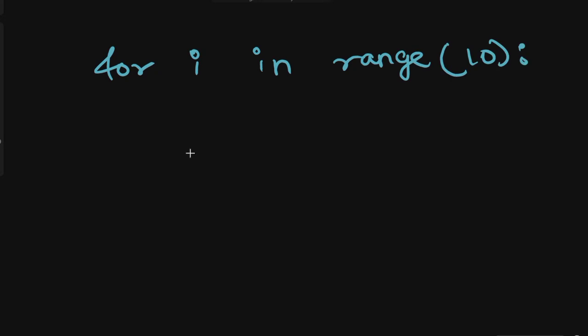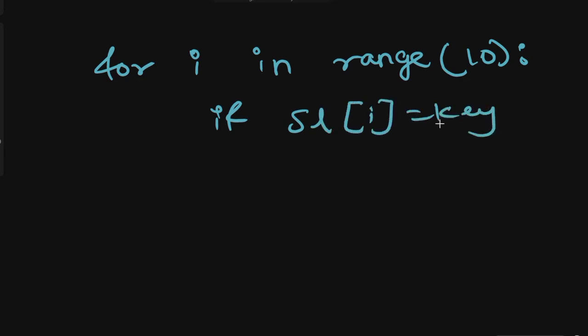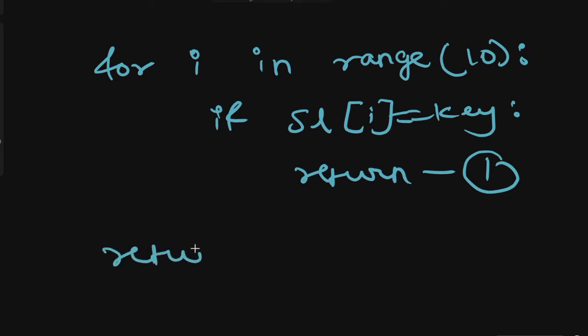For now we take n, and we are doing one computation: if student list of i equals key, then we return. This return takes 1 unit of time.